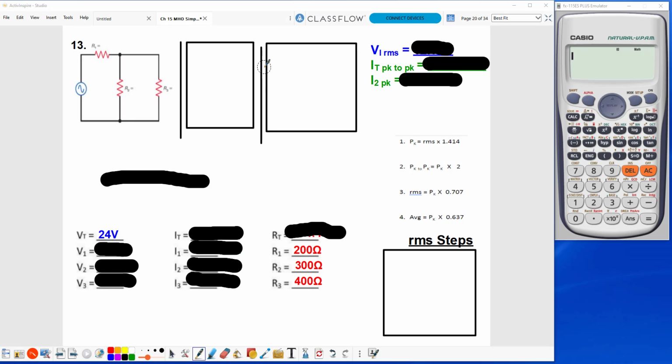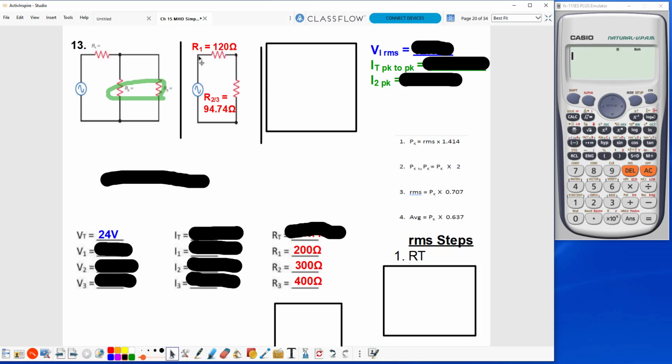So this is a basic combination circuit, so the first thing that I'm going to try to solve is RT. I'm going to begin by combining R2 and R3 together with the reciprocal formula because R2 and R3 are in parallel with one another. So in my first redraw, I'm going to have the R1 value remain at 120 ohms.